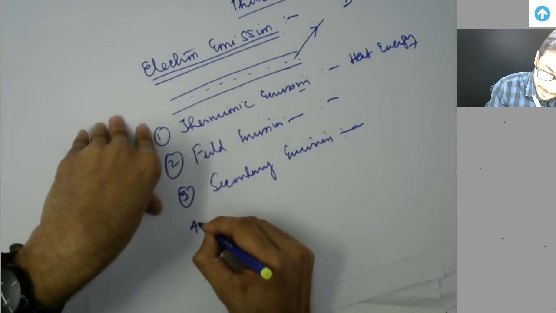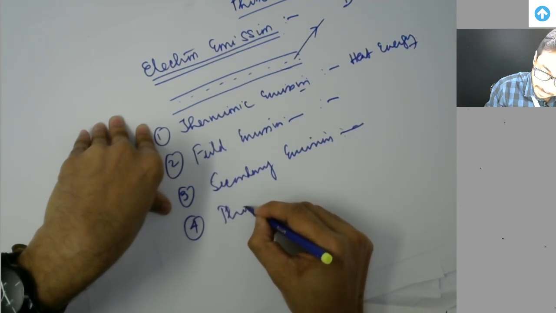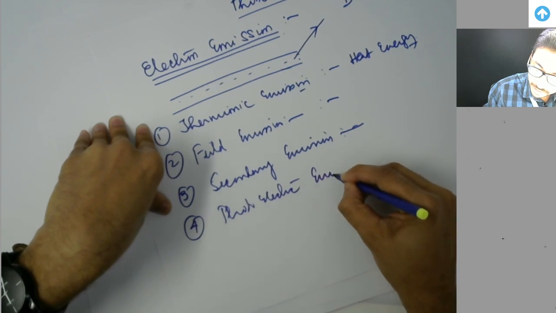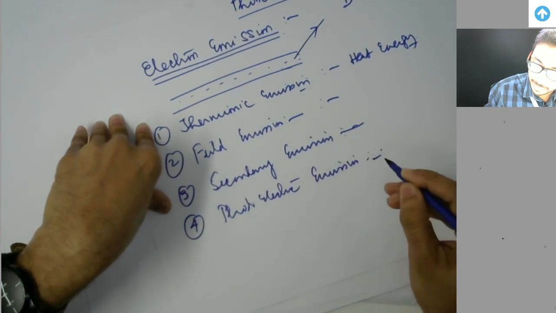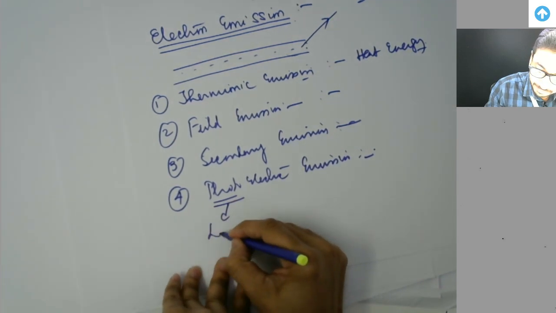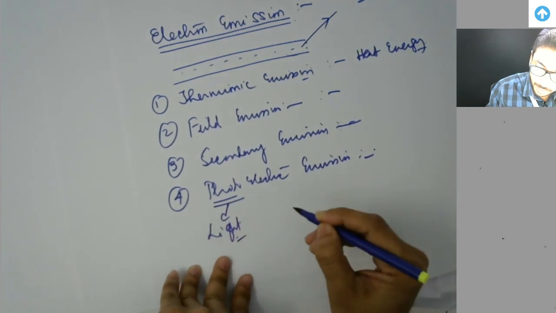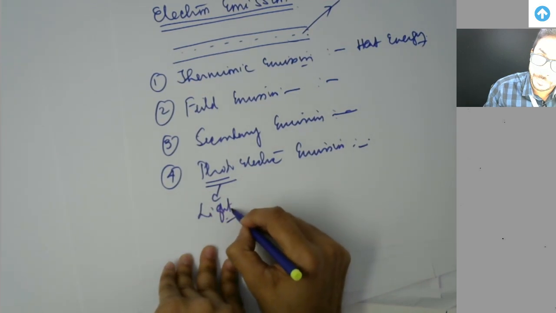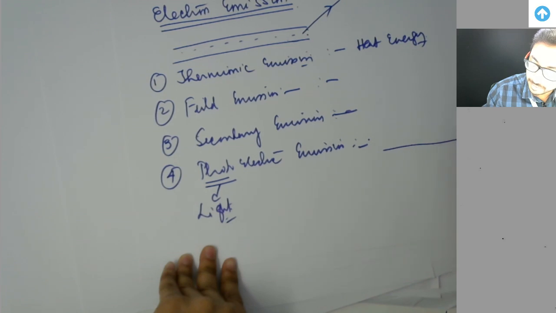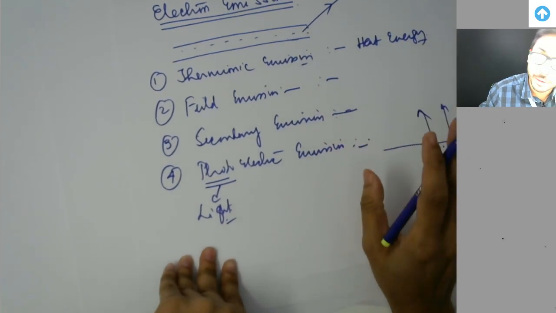And finally, we have photoelectric emission. By the word photo, photo means light. So when light of sufficient energy hits a metal surface, if this light energy is sufficient enough to knock off the electron, it can knock off the electron.